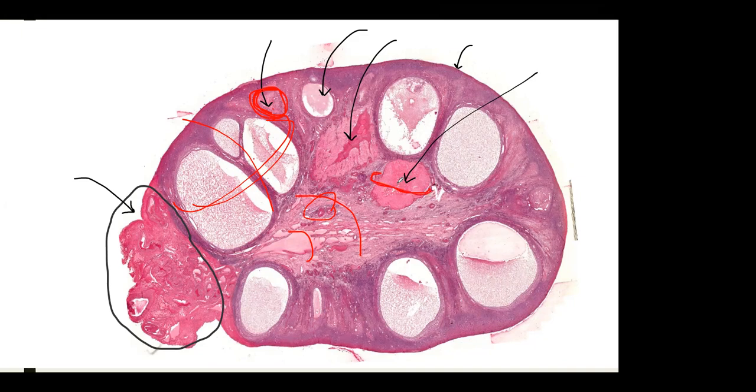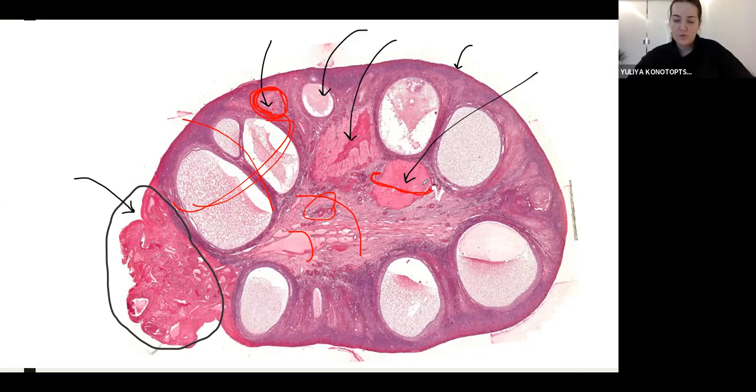This is corpus albicans. Albicans. This is a corpus albicans. What, Jordan? Yeah, I said albicans. So this is going to be the corpus albicans. So this is the Graafian follicle from last ovulation, like last month, right? Nothing has happened, so it became a scar. So this is the corpus albicans.